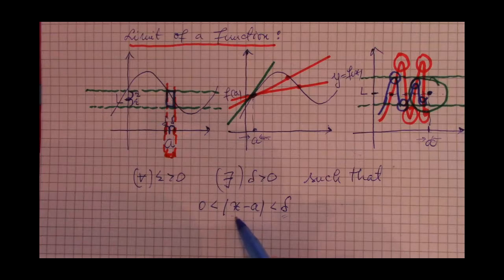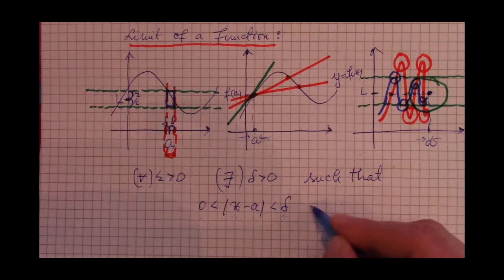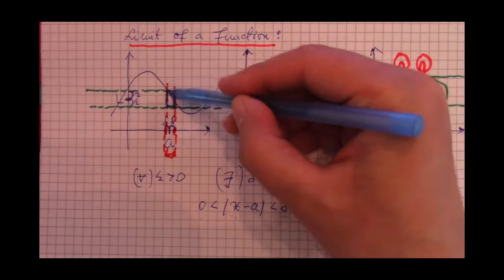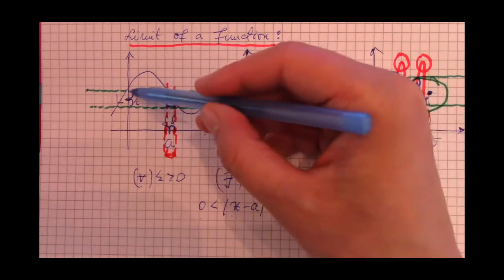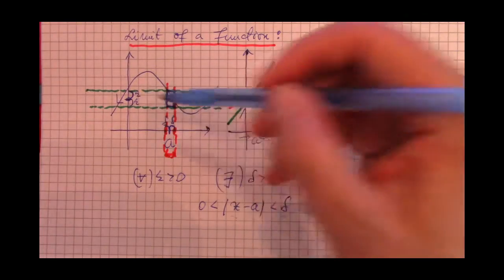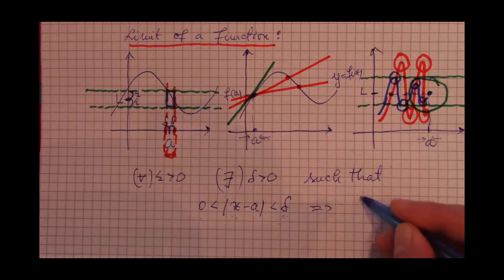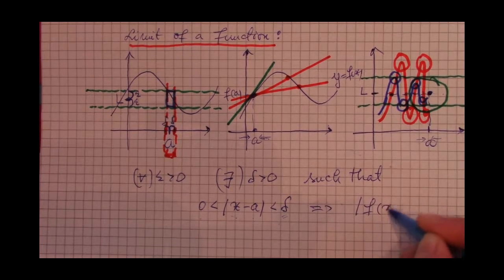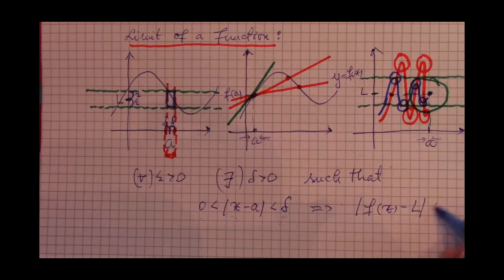Okay, so whenever we pick an x with these properties, then I'm stabilized in this box here, meaning that I'm at most epsilon away from L, which means that the absolute value of f of x minus L is less than epsilon.